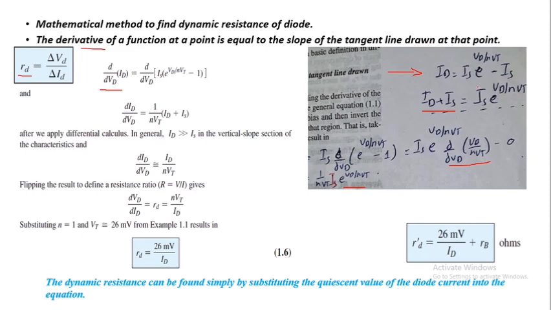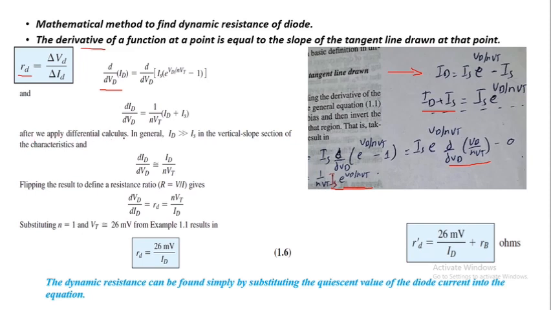That is, this factor here, Is e power VD over nVT, is equal to ID plus Is. So putting this value here, dID over dVD will be equal to 1 over nVT into ID plus Is.